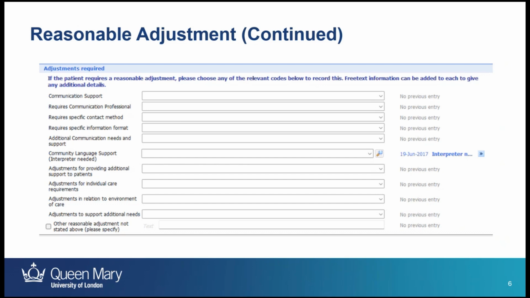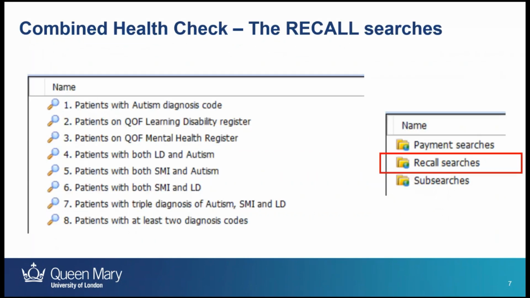Do they prefer written communication methods? Do they need interpreters? Do they need to have sign language interpreters booked in, etc.? All these have drop-down lists that, again, we will show you later on in the training, but this is what the reasonable adjustment page looks like, and those are the two sections that you will have.